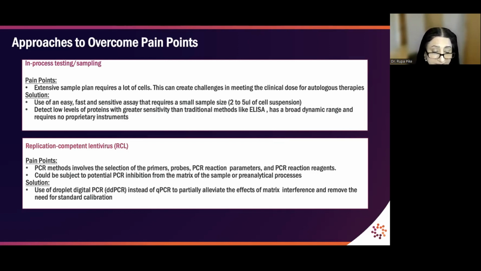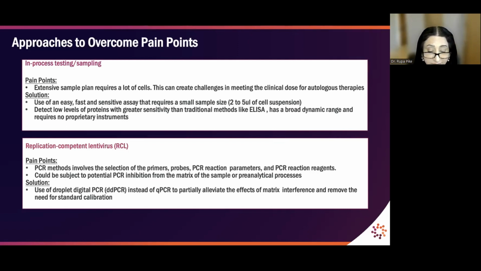So the pain points are PCR methods that involve the selection of primers, probes, PCR reaction parameters, PCR reaction agents, can be cumbersome and time consuming and require a lot of training.